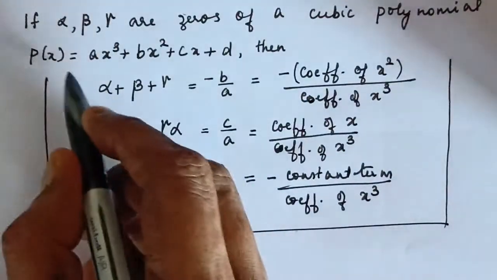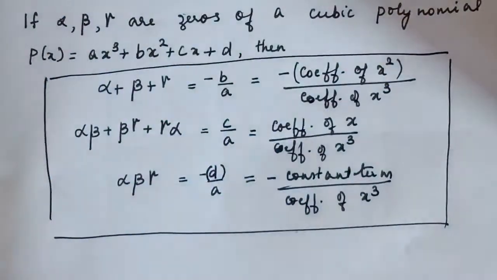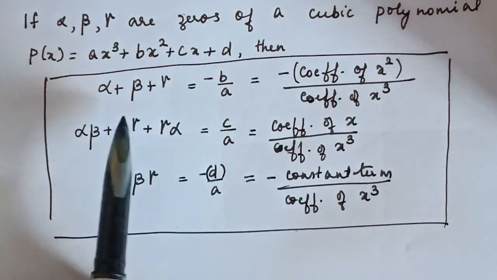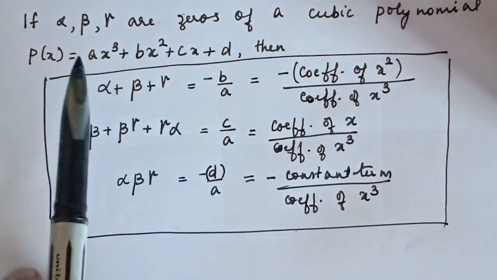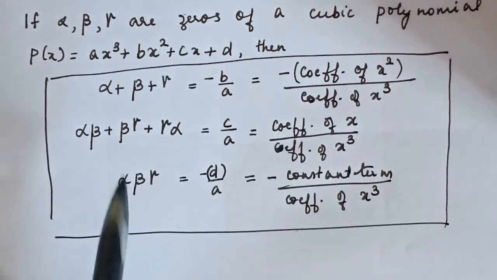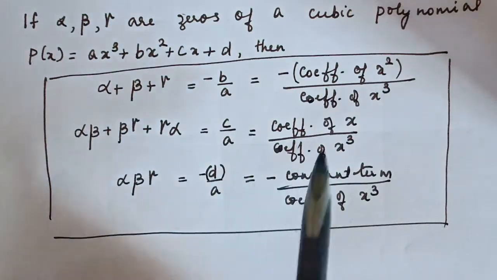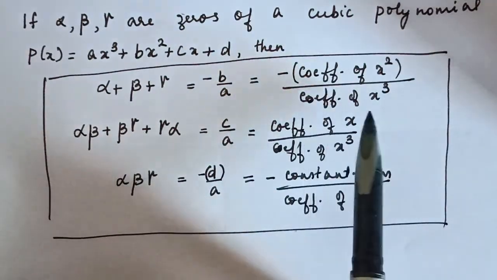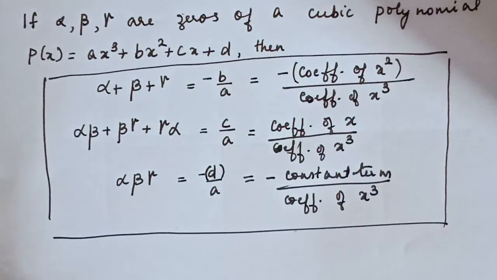That is, if it is a cubic polynomial, alpha plus beta plus gamma is equal to minus b by a, where alpha, beta, gamma are the zeros of the cubic polynomial. That means minus coefficient of x squared divided by coefficient of x cube.